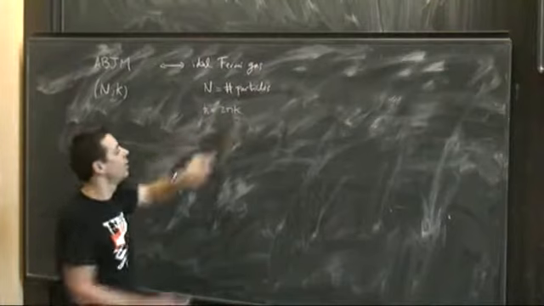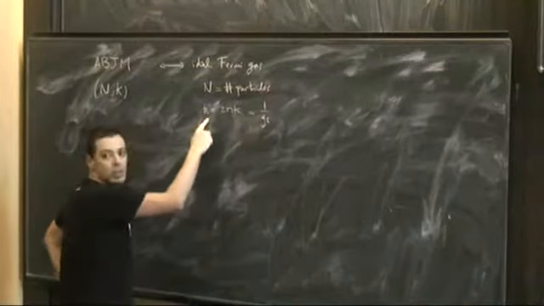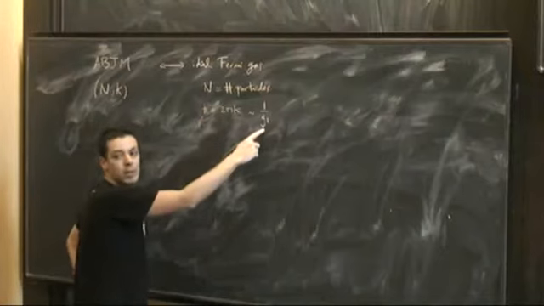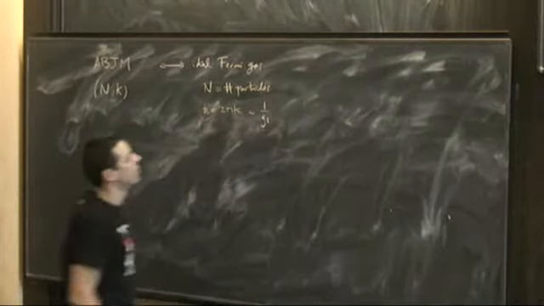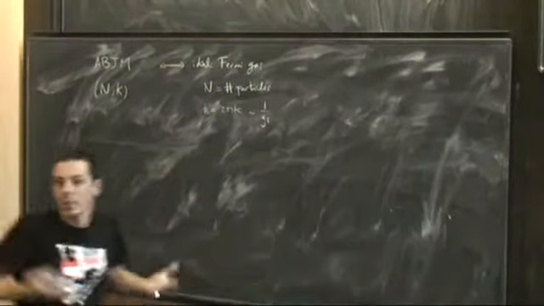So k, remember, was 1 over the string coupling. So the semi-classical limit here is the strong coupling limit of type IIA theory. So in a sense, this system makes it possible to calculate quantities in the strongly coupled limit of type IIA string theory. So essentially it's a dual description.